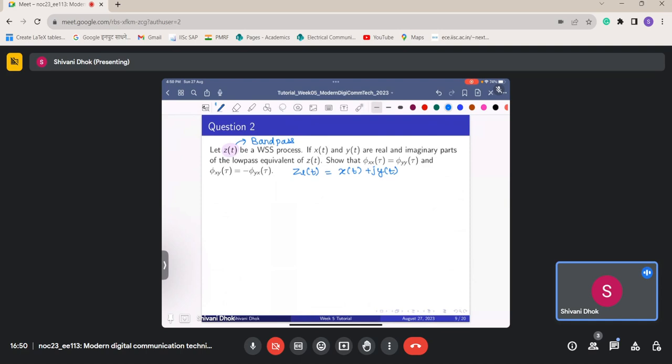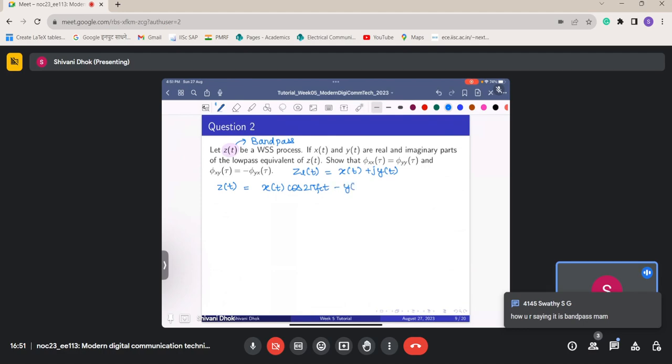So as discussed previously, this z(t) I can write as x(t) cos of 2 pi fc t minus y(t) sine of 2 pi fc t.